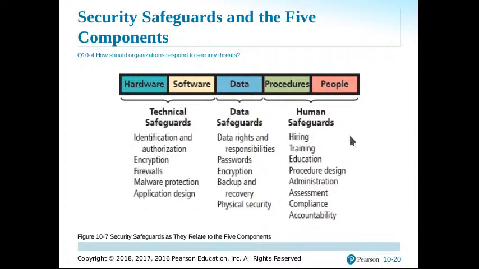So hiring should be a very important part in this. So hiring and screening. Okay, screening, that means you need to check the history of the person, right, before being an employee in the company. Okay, so all of this needs to be done in order to secure the information system in the company.